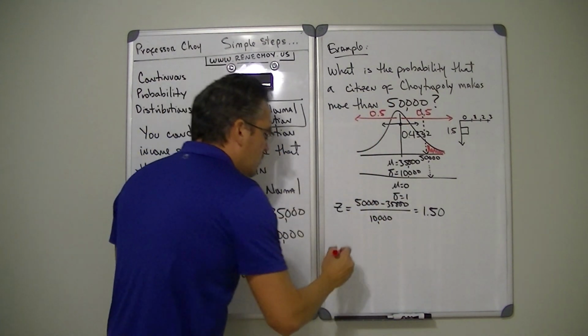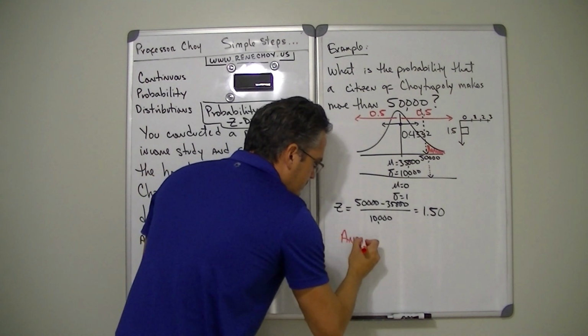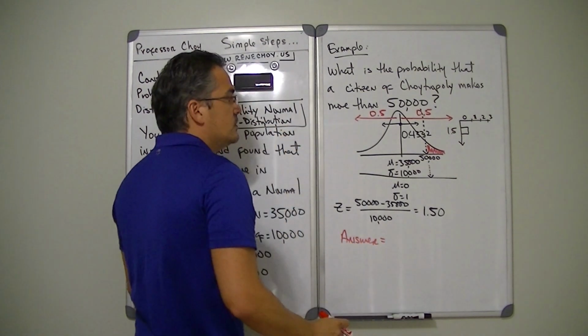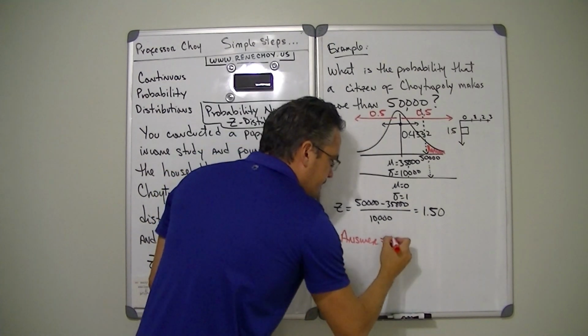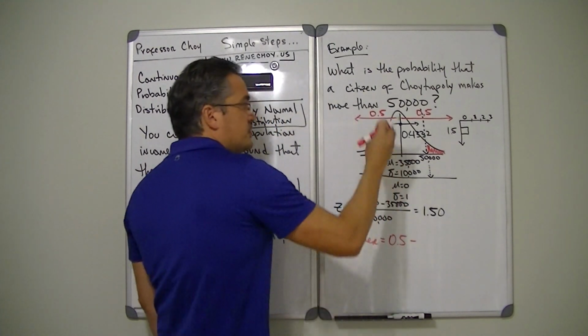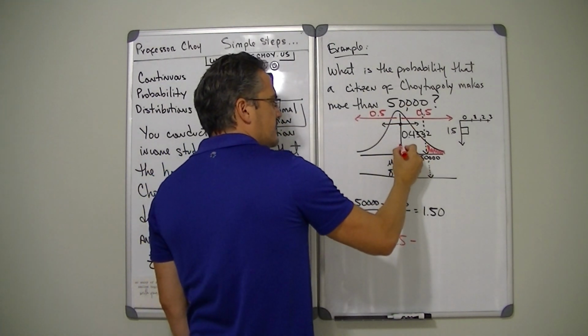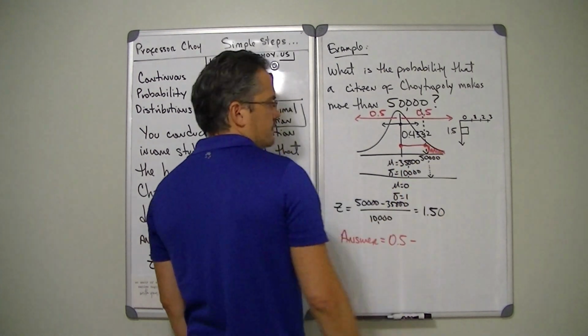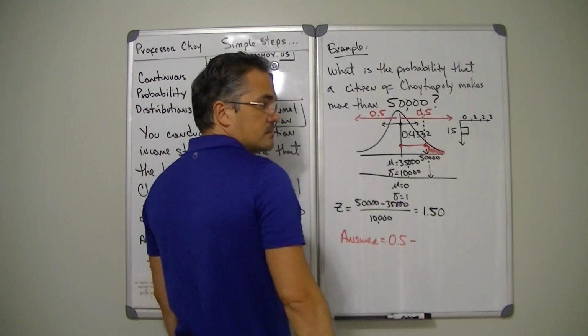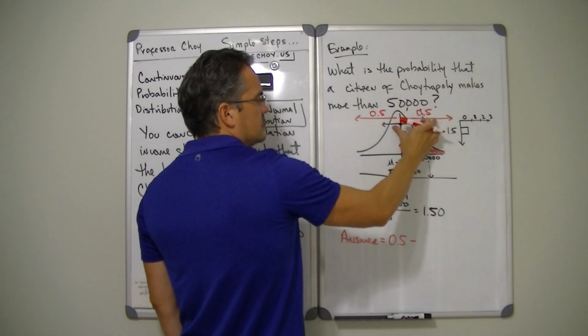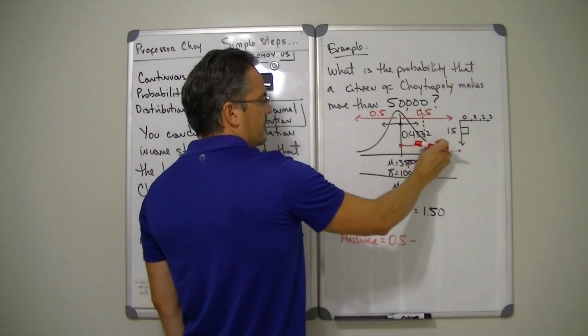So the answer to our question is to basically take that 0.5 and subtract the probability between the center and this number. So we take the large number, subtract the small number, to get this number here.